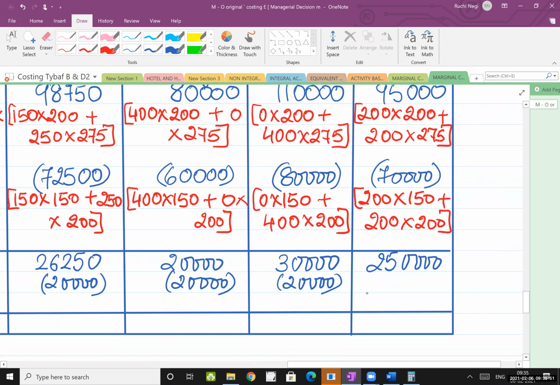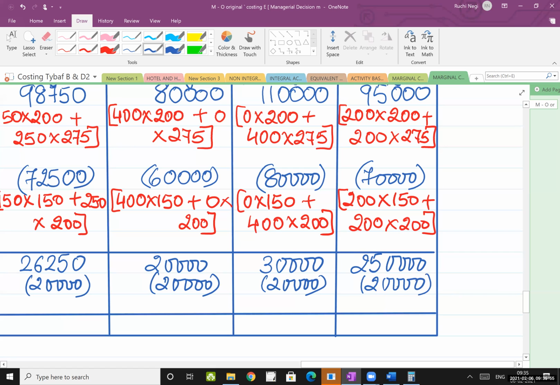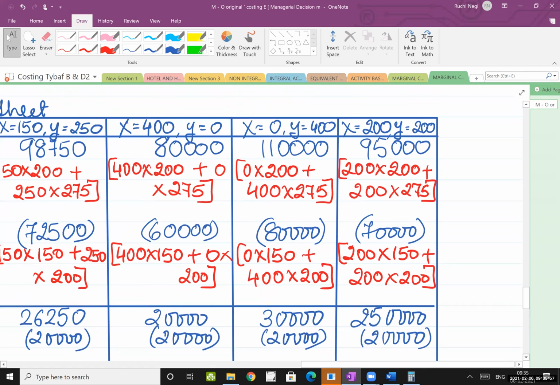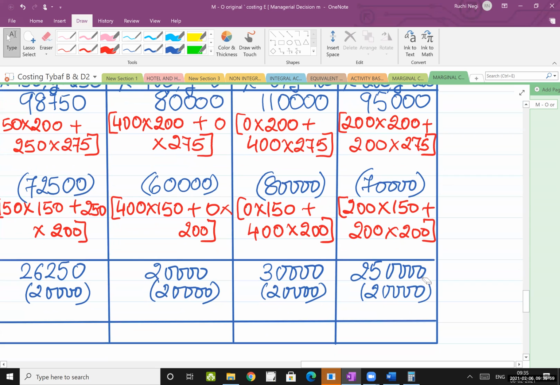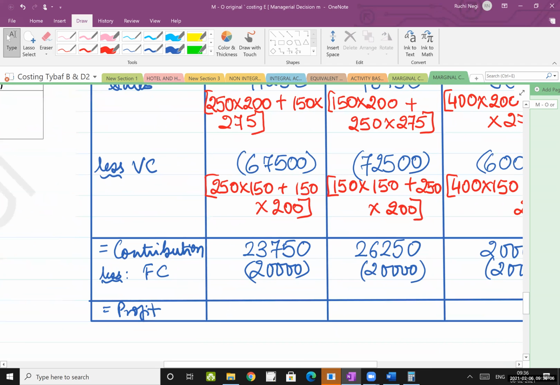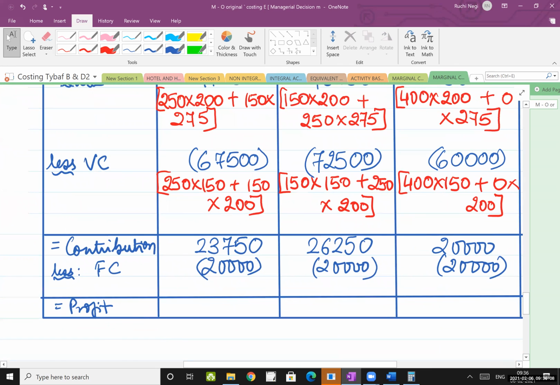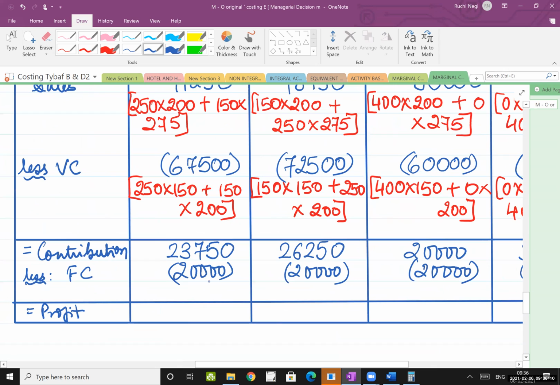Okay. And 0 less. So now let's see whether it is profit or loss. 23,750 minus 20,000, so 3,750.